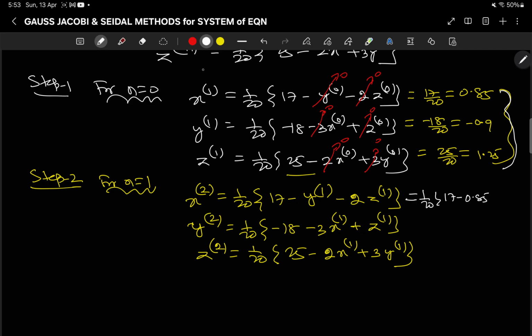Sorry, here y1 is minus 0.9. So it becomes here plus 0.9, and it is minus 2 times 1.25. If you simplify it, it is 1.02.